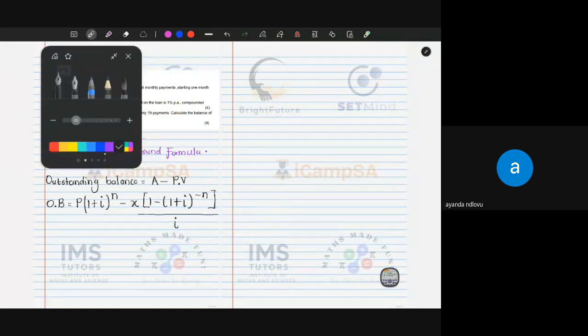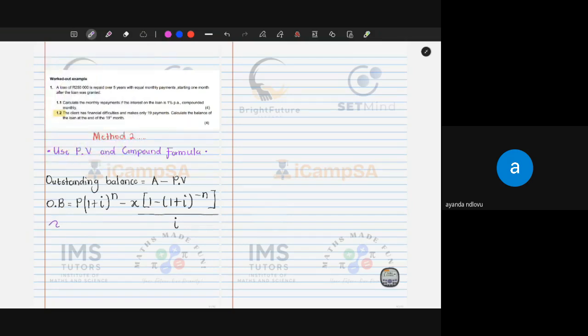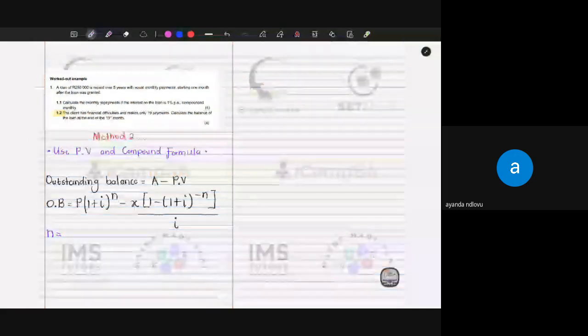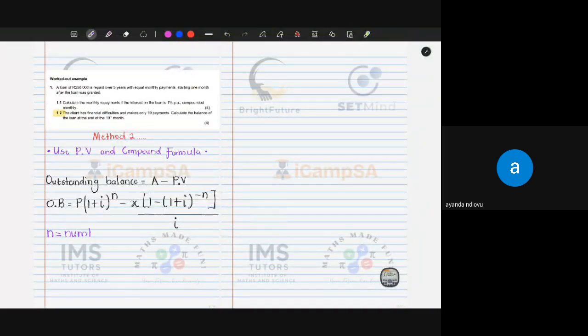So now, guys, what you need to note here is that for n, this is very important. The n which we put here is the number of payments made. So n equals the number of payments made.